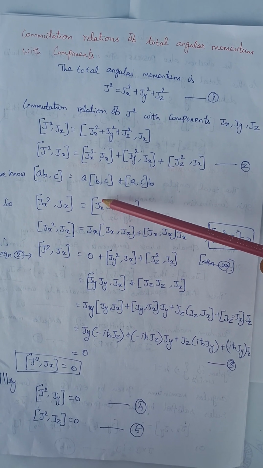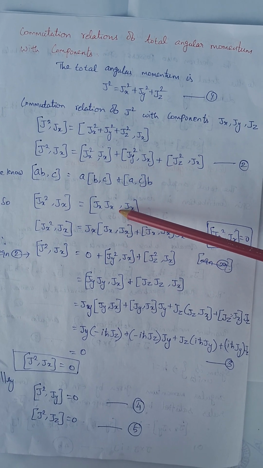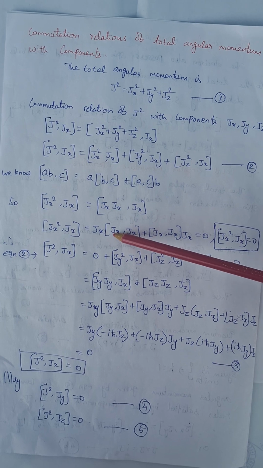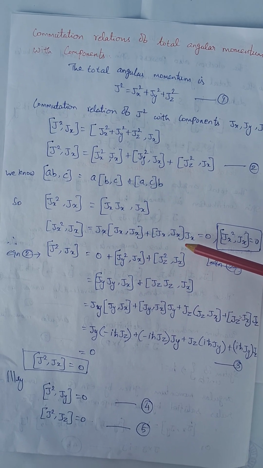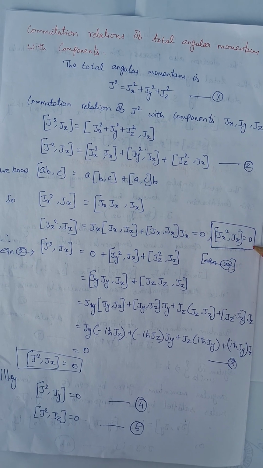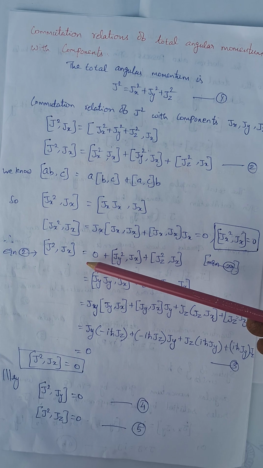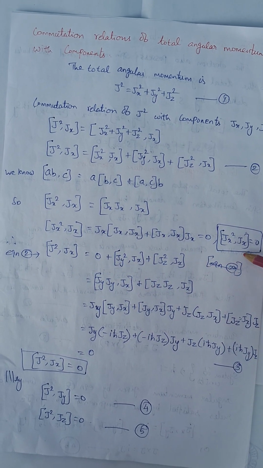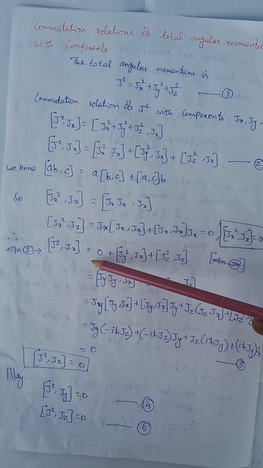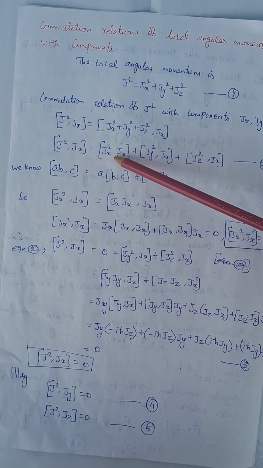Here Jx is A, this Jx is B, this Jx is C. Applying the formula, A[B, C] plus [A, C]B equals 0. So this Jx squared commutator equals 0. From equation 2, [Jx squared, Jx] equals 0. So the remaining term [J squared, Jx] equals 0 plus the other terms.